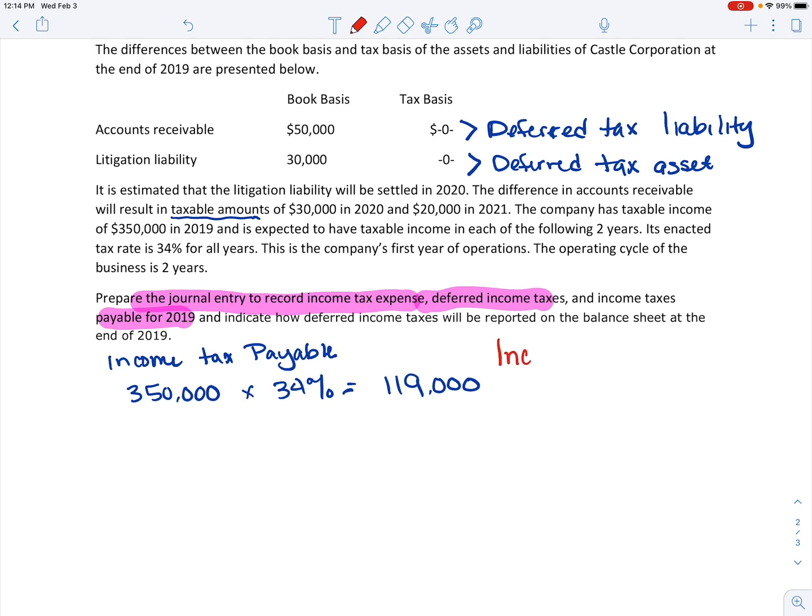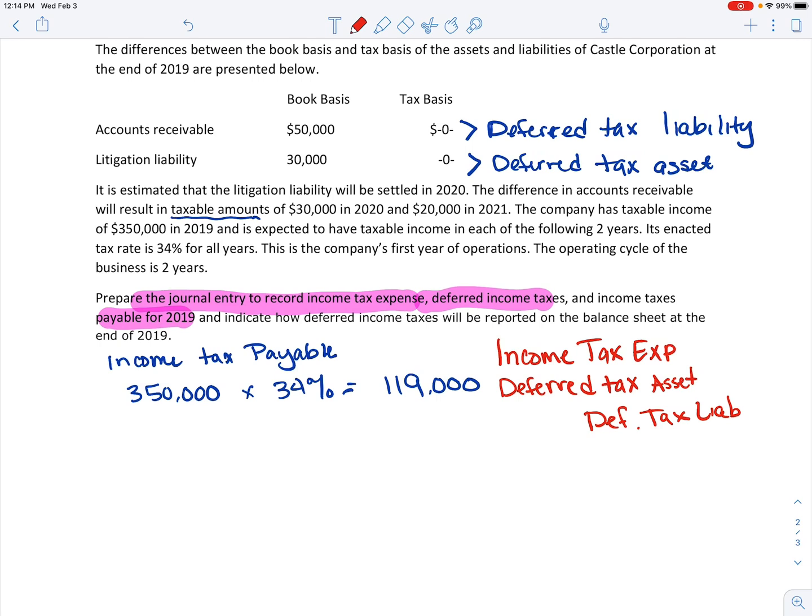So we know we're going to debit an income tax expense. We know we're going to debit a deferred tax asset. Because we already figured out we have that. We're going to credit that deferred tax liability. We already figured out we have that.